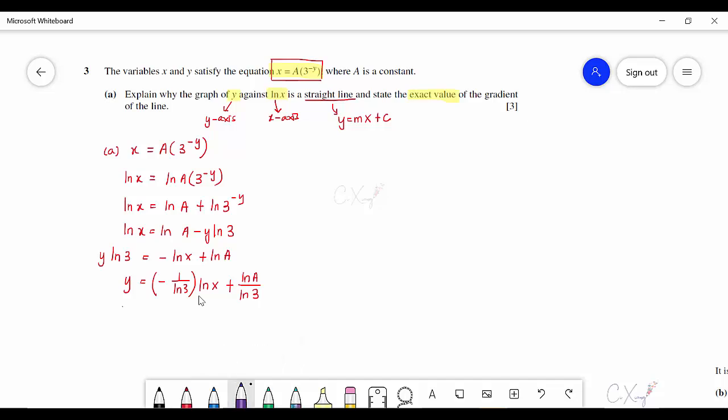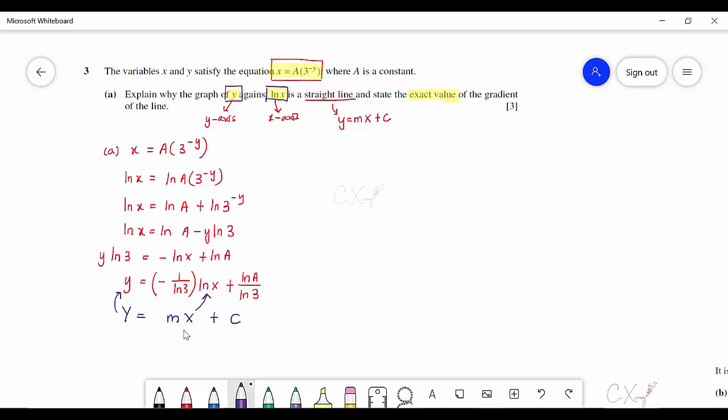If you try to compare, you are having y equals mx plus c. You should know that y means the y-axis, the x here means the x-axis, which fulfills what they want us to prove, right? They are telling you that when you sketch a graph for y on the y-axis and ln x on the x-axis, you'll get a straight line.